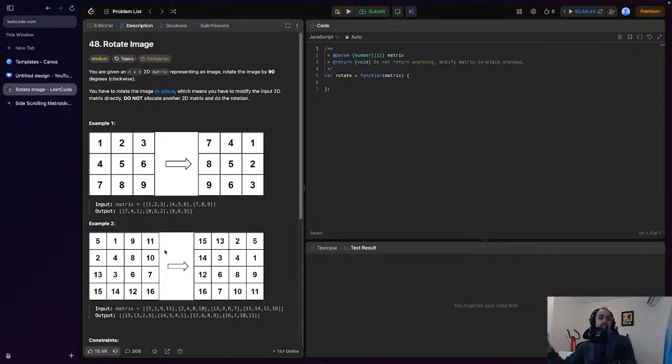Rotate the image by 90 degrees clockwise. You have to rotate the image in place, which means you have to modify the input 2D matrix directly. Do not allocate another 2D matrix for the rotation. Okay.